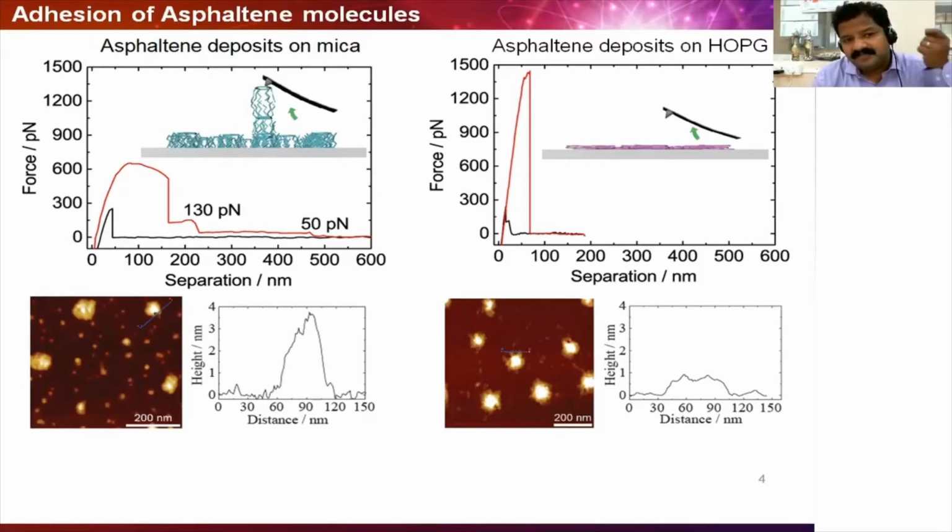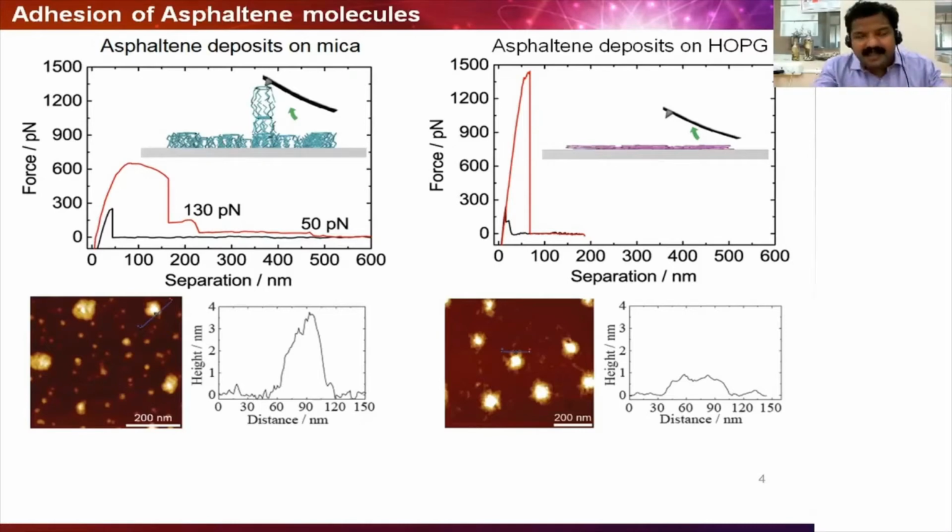However, when the same asphaltene molecule is deposited on highly oriented pyrolytic graphite, force measurements on these deposits never showed these adhesion steps, meaning their conformations are different on the two substrates. Another indication is the height measurements of these deposits. They are larger in the case of deposits on mica when compared to the deposit height on HOPG. So on HOPG, this forms a more compact structure.